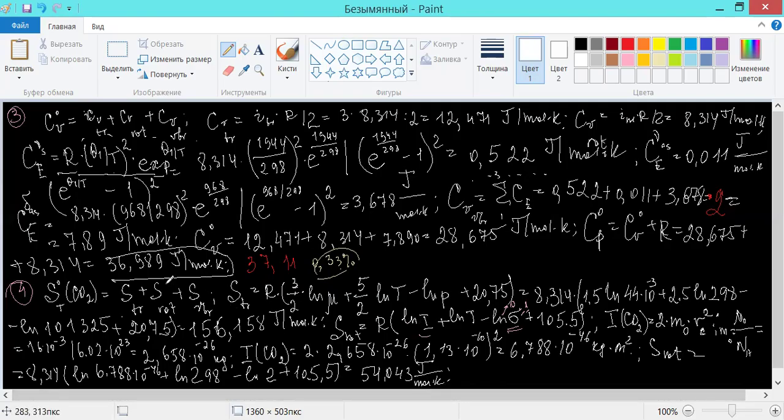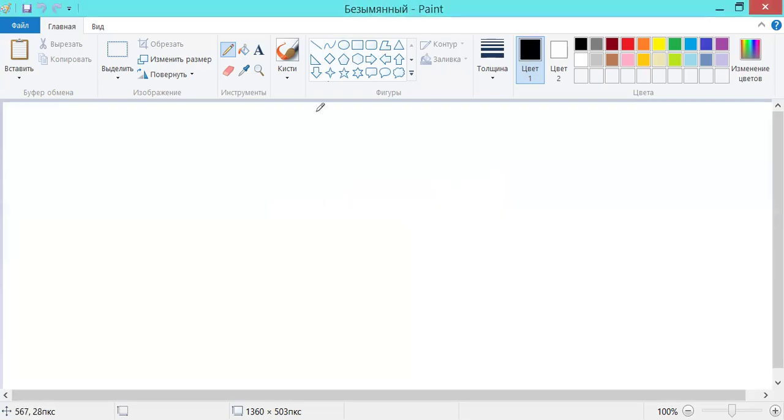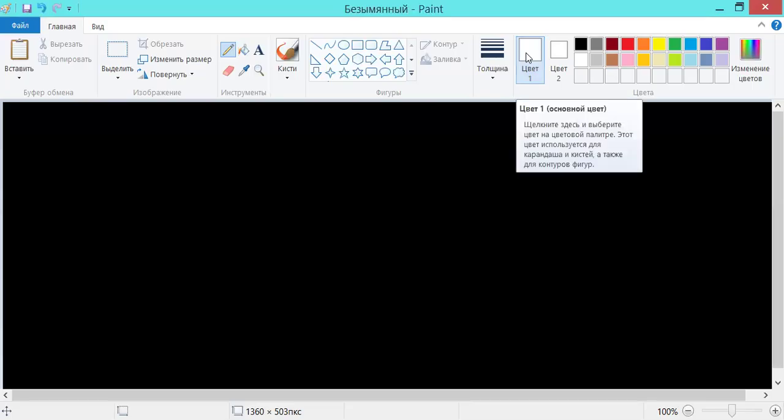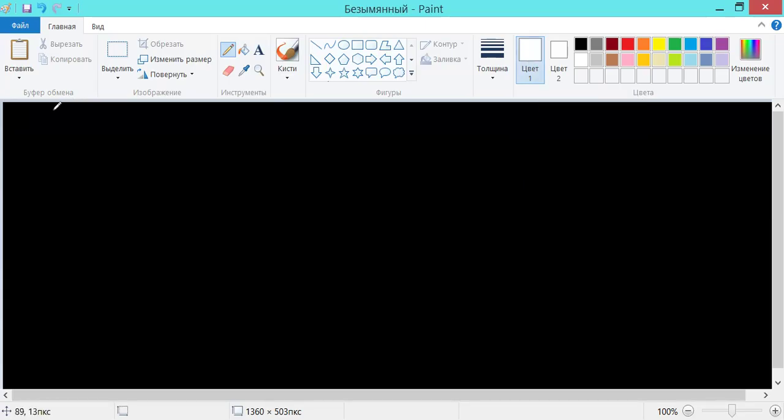This is the second, and now the vibrational component. As for the vibrational components, again, there will be three of them because there are three types of vibration, just the same as we did with heat capacity.